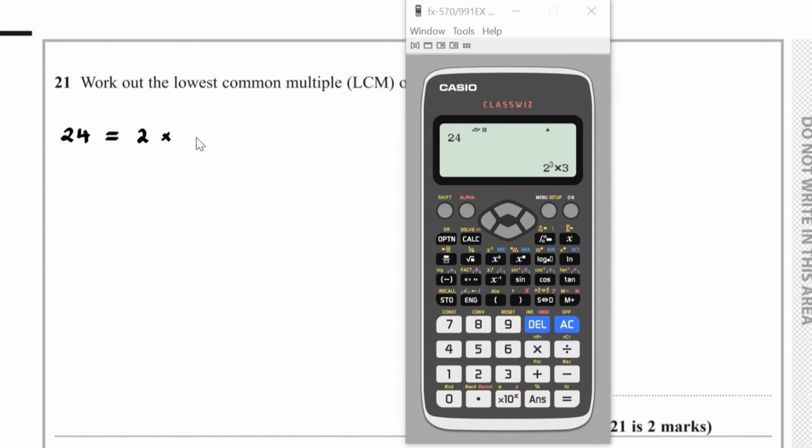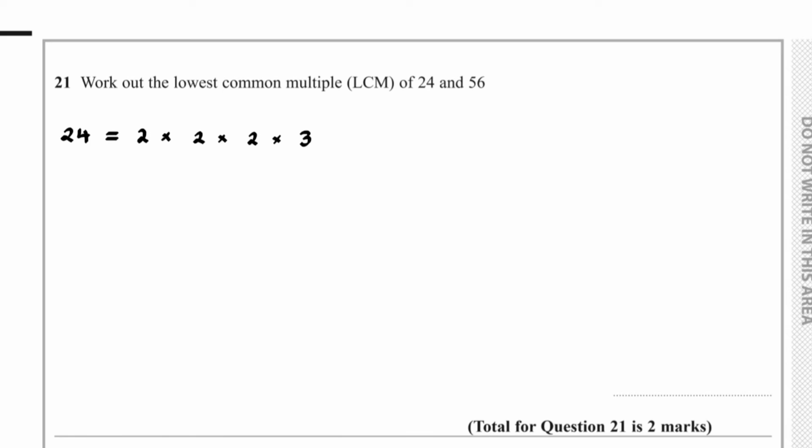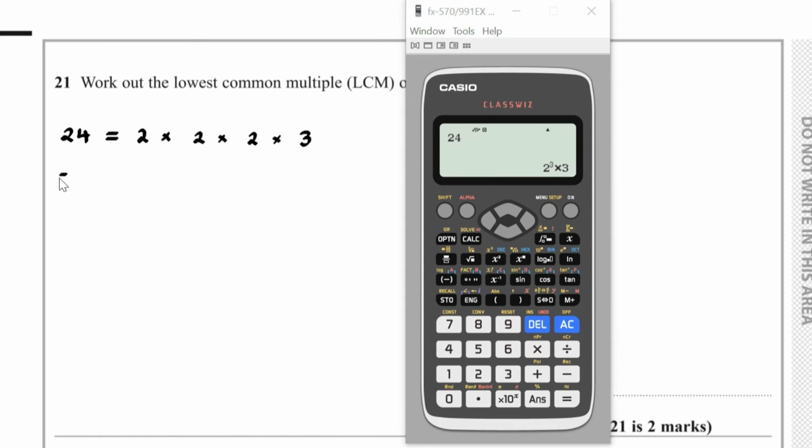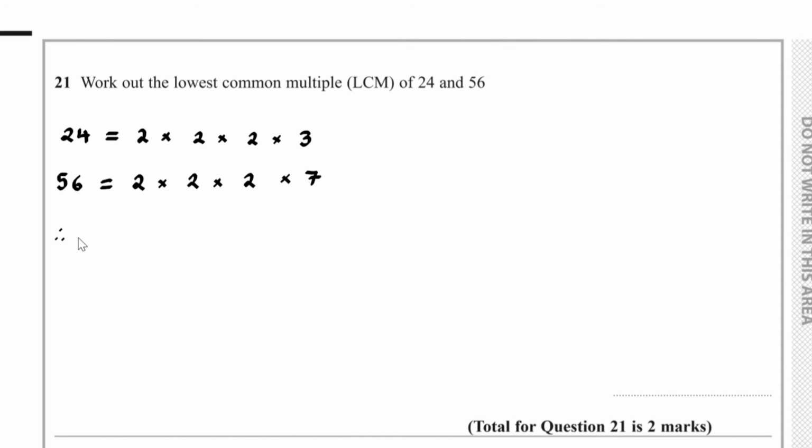I get 2 times 2 times 2 times 3. And the prime factors of 56, we've got 2 times 2 times 2 times 7. So now we can find the lowest common multiple.